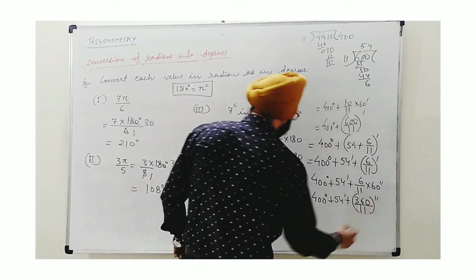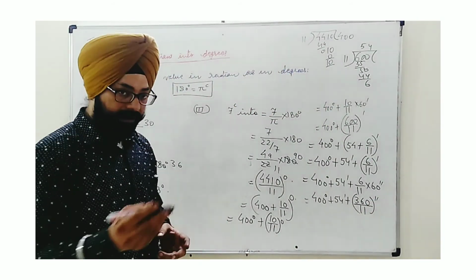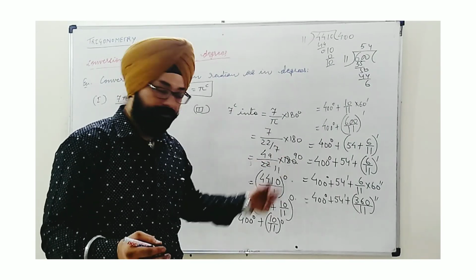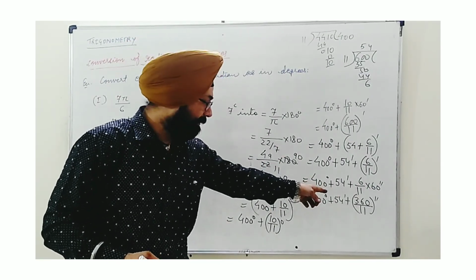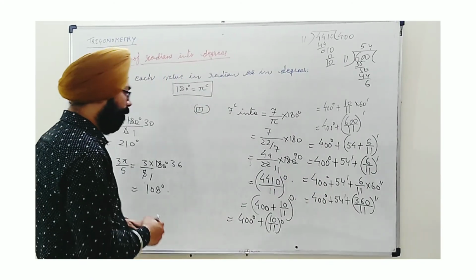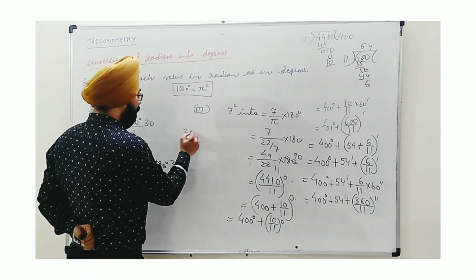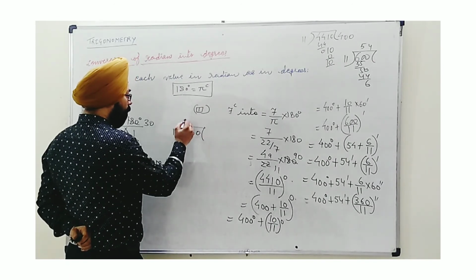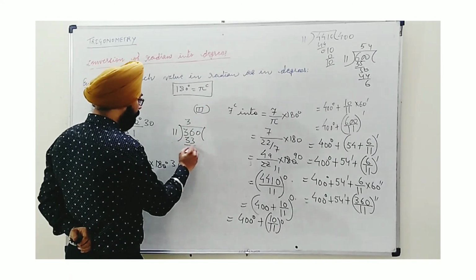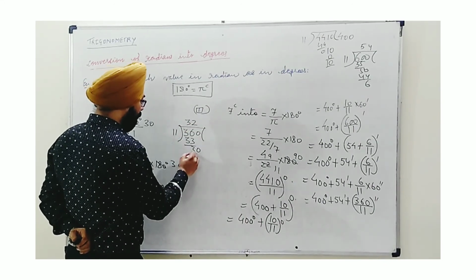This is in seconds. Obviously, we have not seen the subdivision of seconds now. What we do? We first divide 360 by 11. Let's see what happens. 360 divided by 11. This is 11 3s are, 11 2s are.